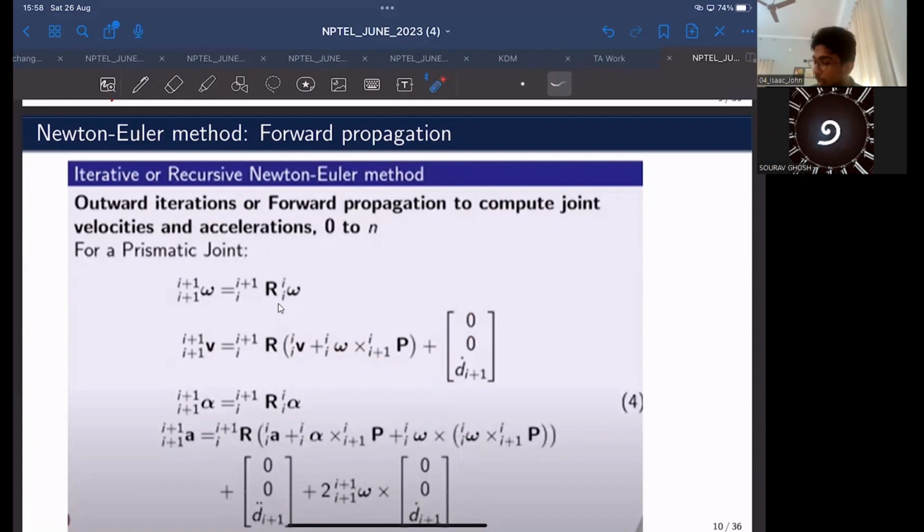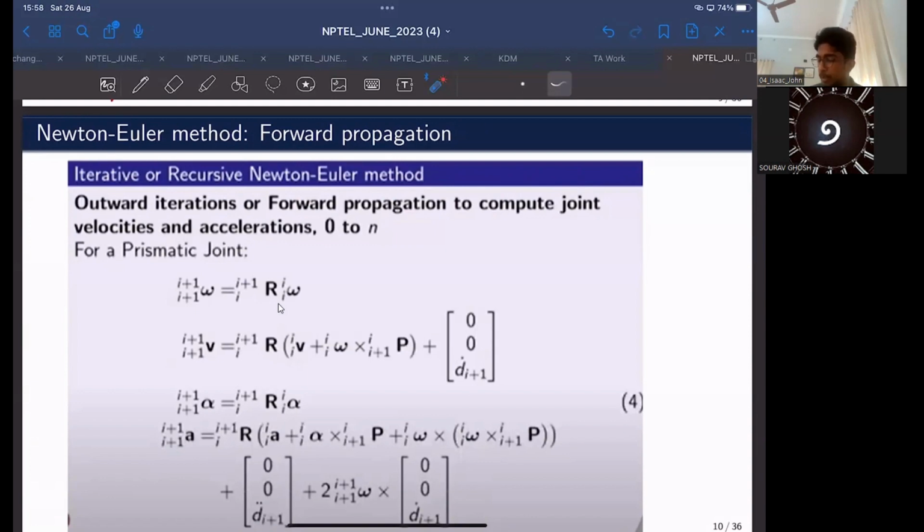These are all expressed with respect to the ith frame. We have to bring it back to the i plus 1 frame. That is why we have this rotation matrix, because everything is expressed with respect to the current frame i plus 1.